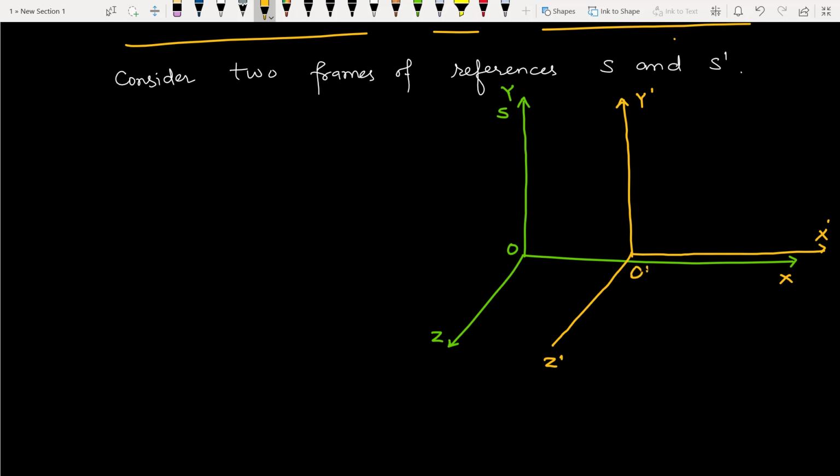Both the x-axes of the two frames coincide. Here we have shown them as separate just to make you understand the things, but they are coinciding with each other. And the separation between the origins of the two frames is such that OO dash is equal to A. So this separation is A.